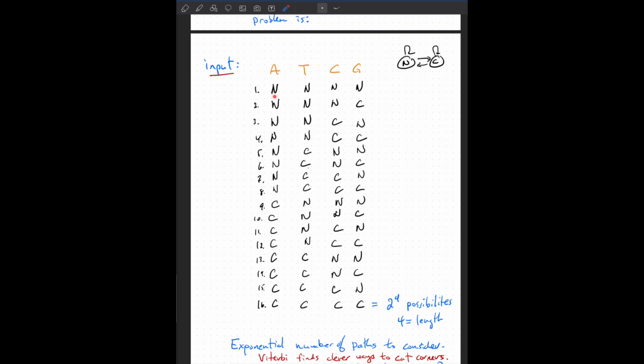I could be in the non-coding state and emit an A, and I could stay in non-coding and emit a T. I could emit a C in non-coding. I could stay in non-coding the whole way, or I could stay in non-coding until I hit a C in the last step for the G.